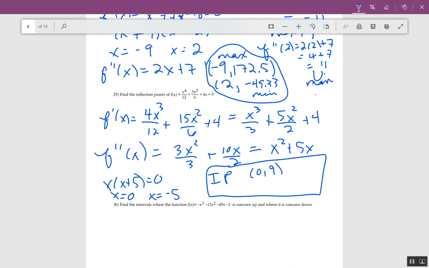So I have to check something real quick. I forgot my divided by 12. All right. So then at my negative 5, it says negative, this is 63.08.